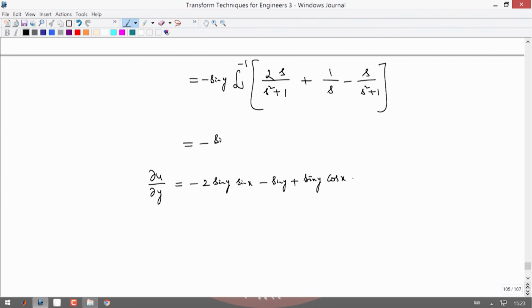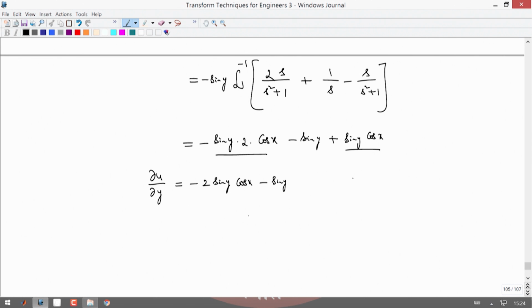So, you have minus sin y times 2 times s by s square plus 1, which is cos x, and then here plus this term with minus sin y. Laplace inversion of 1 by s is 1, so minus sin y. This is going to be plus sin y, the last term. This is going to be cos x. So, this is 2 and this 1. So, that makes it sin y cos x and minus sin y.